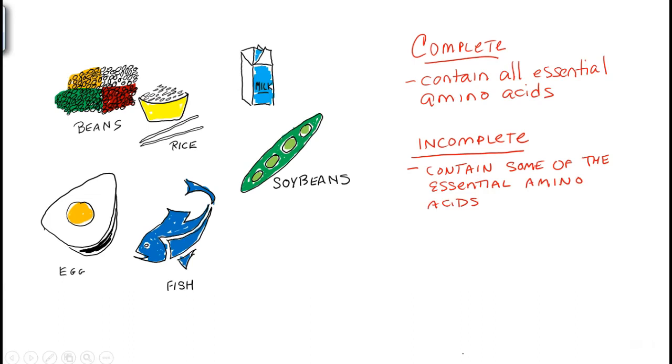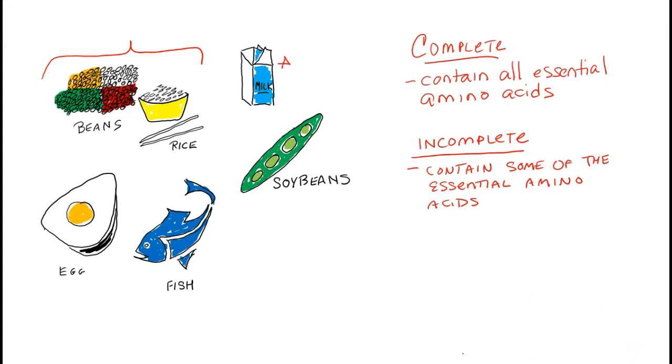If you are eating an incomplete protein source, then you need to combine it with another protein source. So for example, if you are eating a vegan diet, you might want to combine beans with rice. If you combine beans with rice or beans with corn, then you are getting a complete protein source.